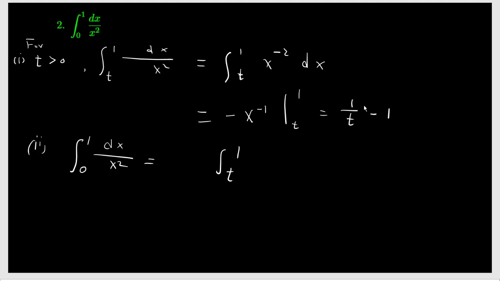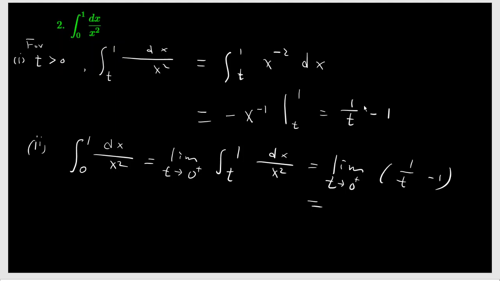And by the way, the function is continuous at any point in between t and 1, as long as t is positive. Actually, more strictly speaking, I should mention t is in between 0 and 1. Then you take the limit as t approaches 0 from the right. Using the answer to step 1, you take the limit of 1 over t minus 1.